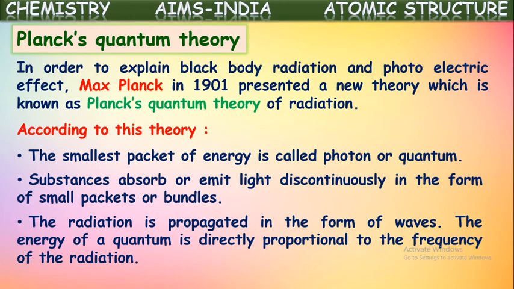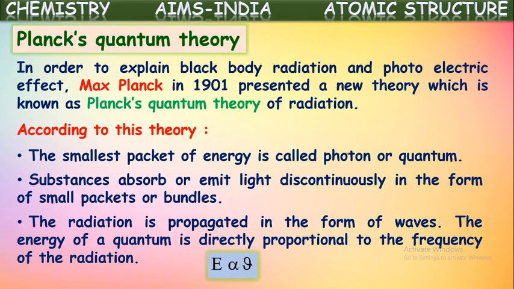The radiation is propagated in the form of waves. The energy of a quantum is directly proportional to the frequency of the radiation. Yes, radiation is propagated in the form of waves. As it is wave in nature, its energy is directly proportional to the frequency of that radiation.